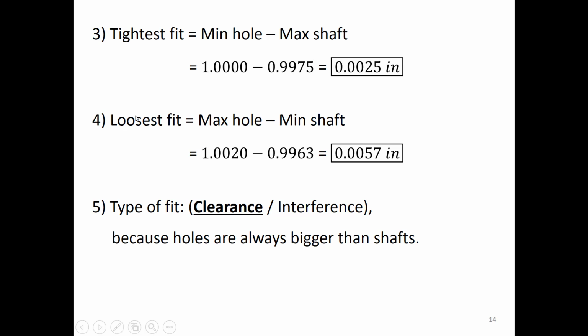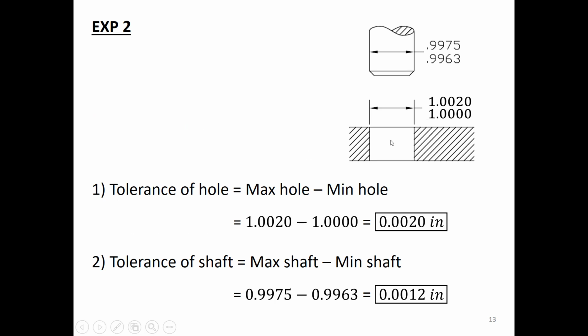And the loosest fit is going to be the biggest space in between, so when you have the largest hole and the smallest shaft. Once again, go back to the picture. When you're inserting the shaft into the hole, the largest space in between is going to be the biggest hole and the smallest shaft.